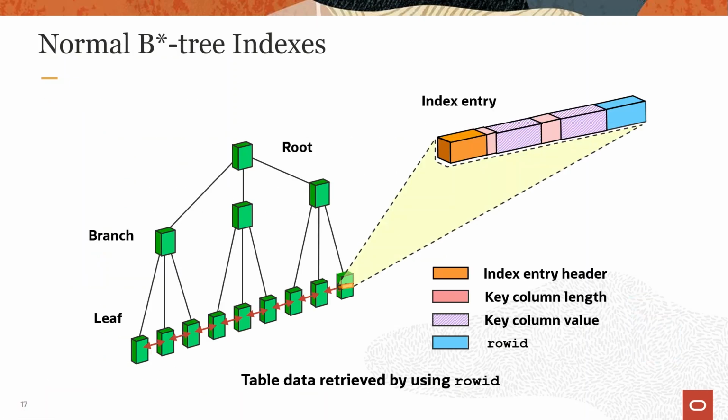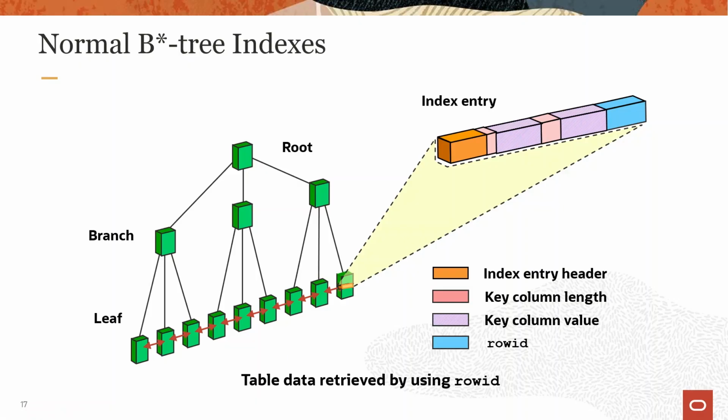Now, the first type of index that we're going to discuss are the B-tree indexes. Each B-tree index has a root block as a starting point. Depending on the number of entries, there are multiple branch blocks that can have multiple leaf blocks.